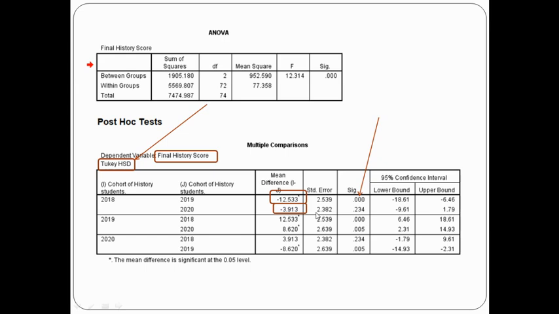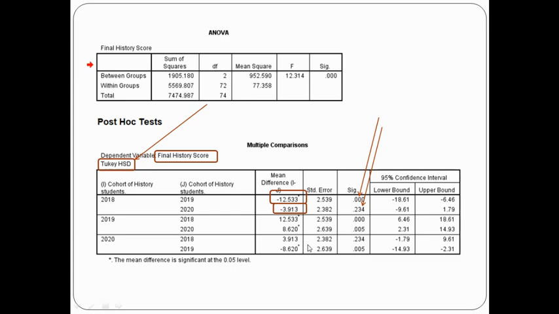Please move further to find the p-value. The p-value is 0.234, which is greater than 0.05 or 5%. So the two cohorts did not perform differently on the history subject. SPSS generates duplicates here, so we need to skip this row. I would like to skip the second row and let's go to the last row.